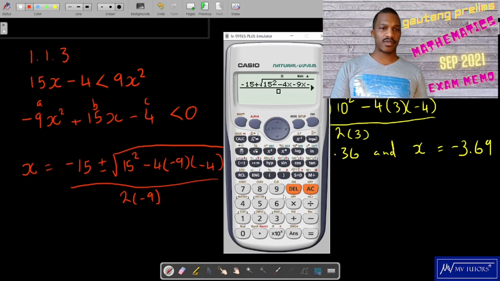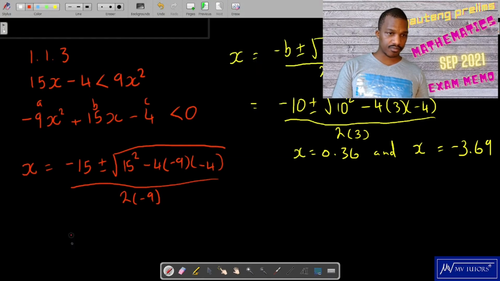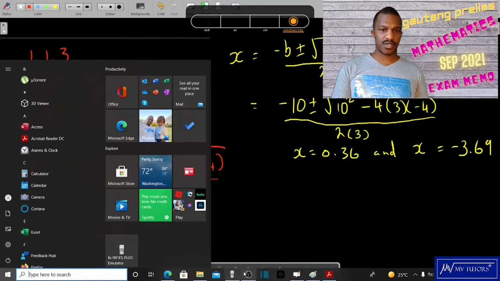And then we can go downstairs and say 2 times negative 9. So our first answer is 1 over 3. Let me change it to decimal. 0.33. Okay, so my first x equals 0.33. Is that right? So 1 over 3 is 0.33.